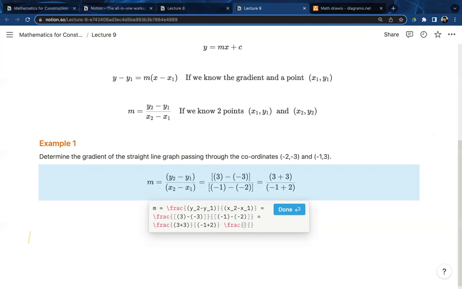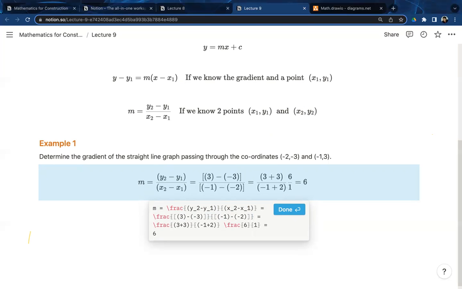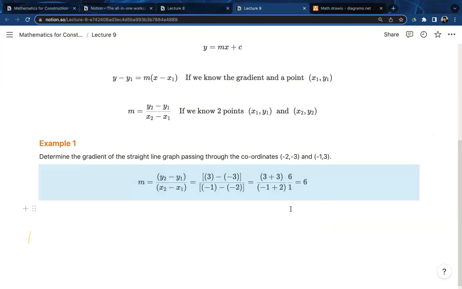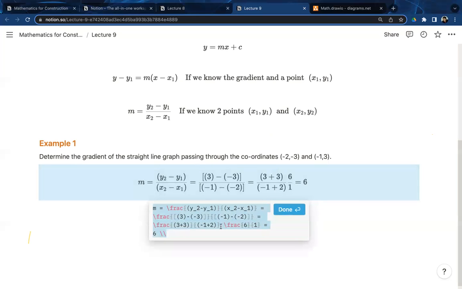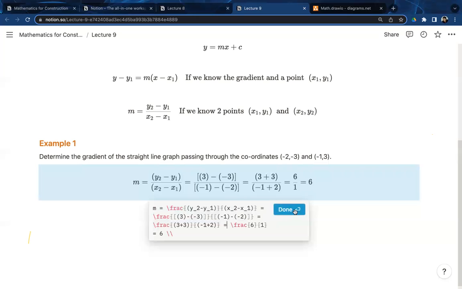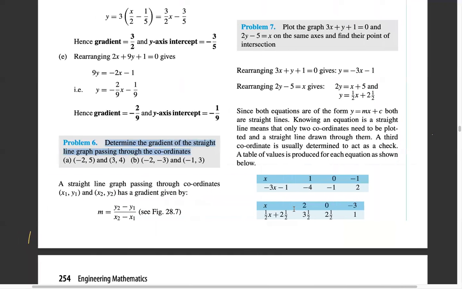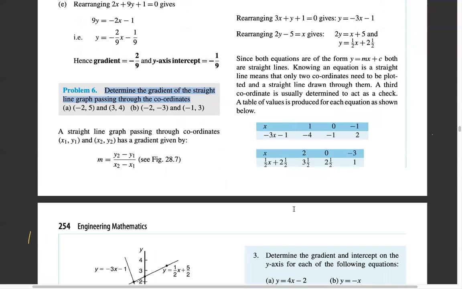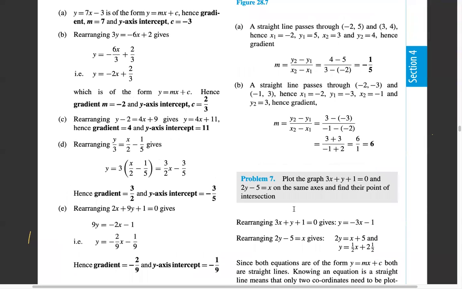This is 6 over 1, which is 6. That's the gradient here of that equation. Let me work it out here. See, the gradient is 6.